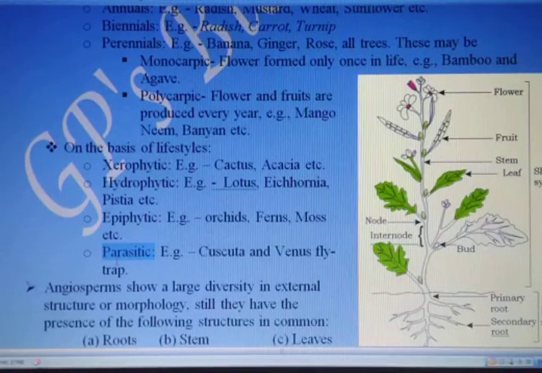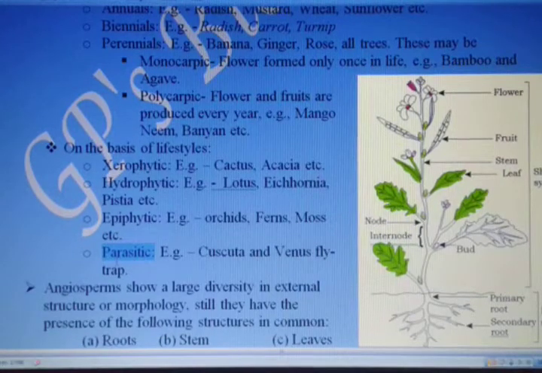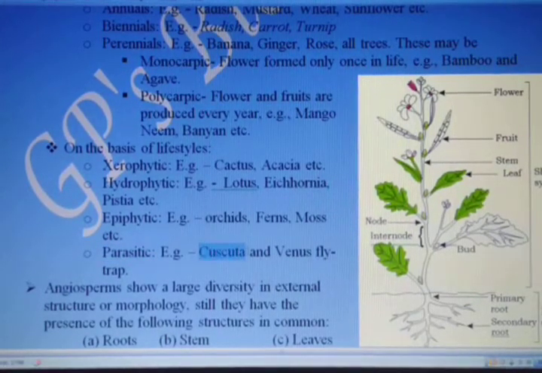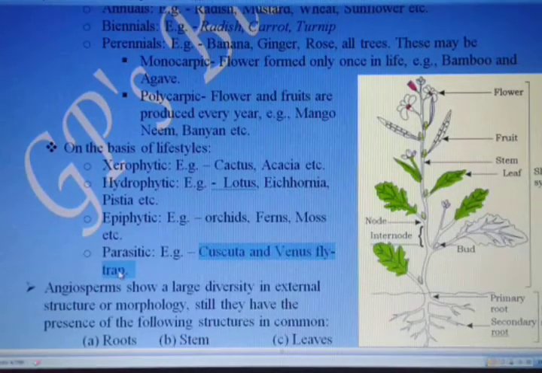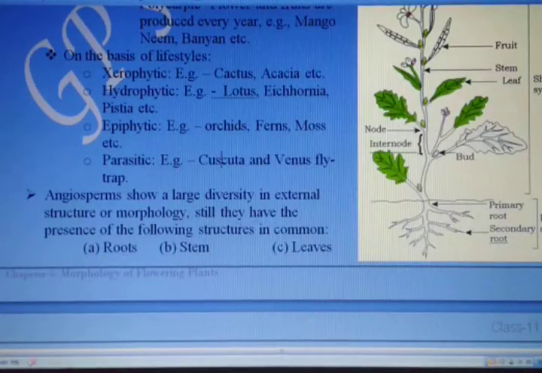But they have leaves in which they have chloroplast, with the help of which they can manufacture their own food. Example, like here, Cuscuta, parasitic. Then over here, Venus flytrap are actually insectivorous plants. They somehow capture and live on some insects.